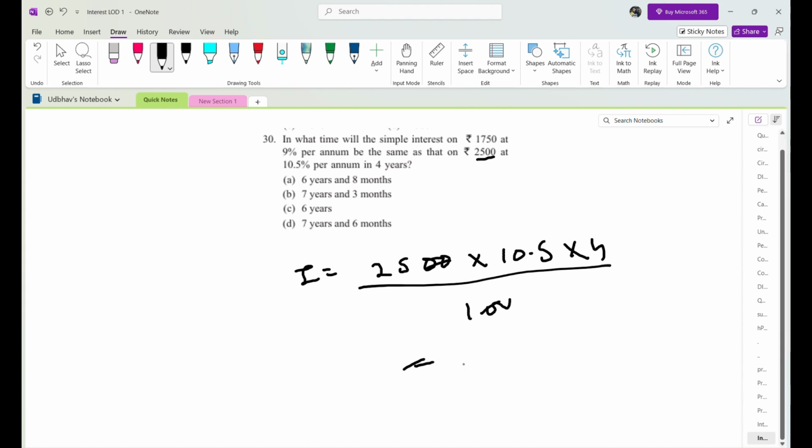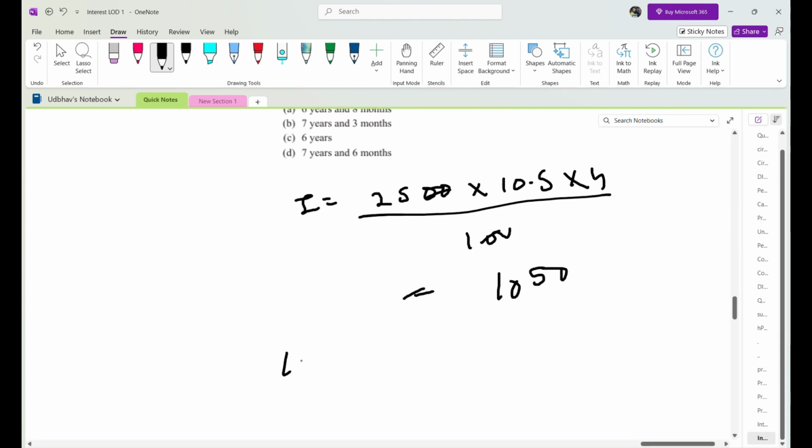Pretty simple. 25 into 4 is 100 itself. 100 into 10.5 is just 1050.